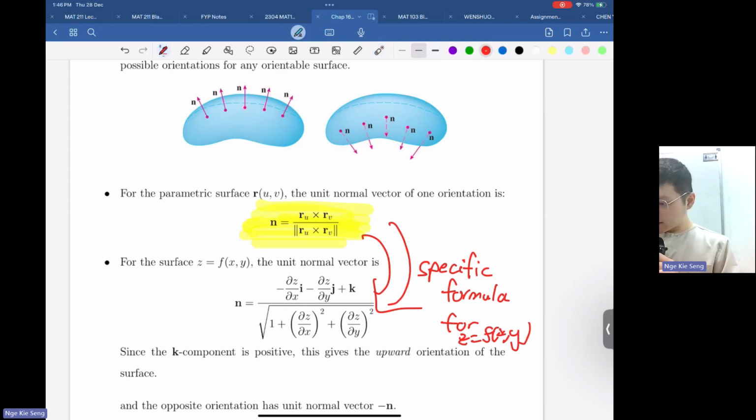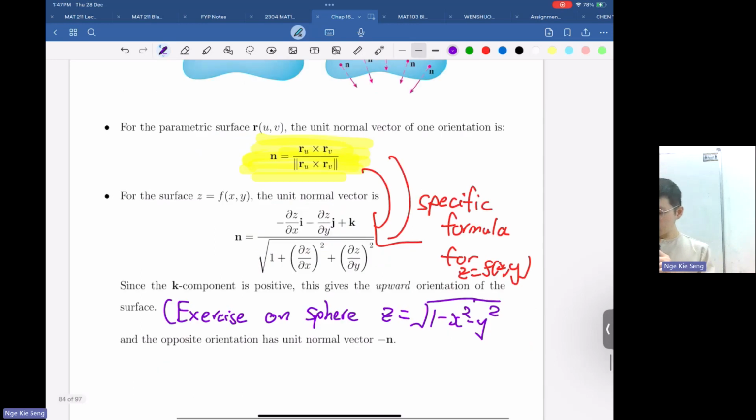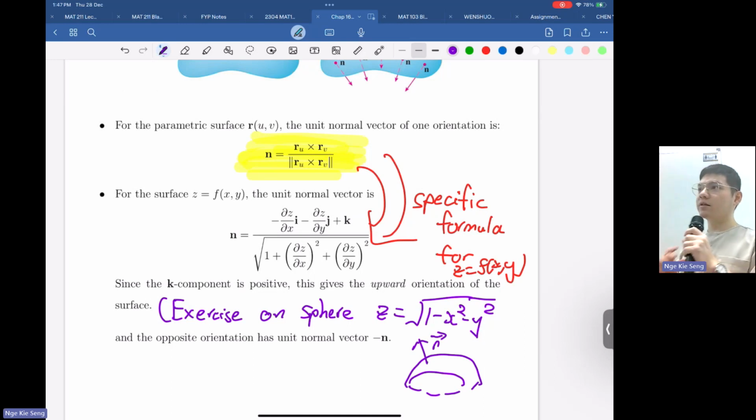One exercise you can do is check this on the sphere, for example z equals the square root of 1 minus x squared minus y squared. Check it on this, then try and draw this, and make sure it is upward.